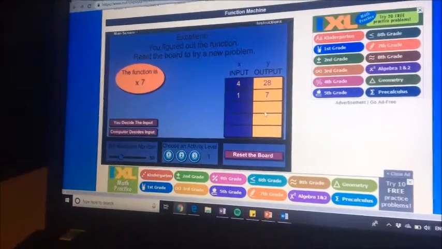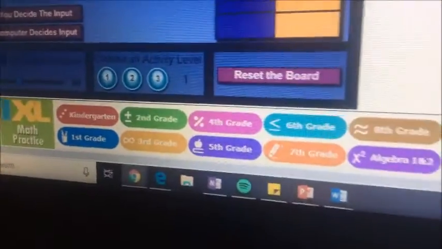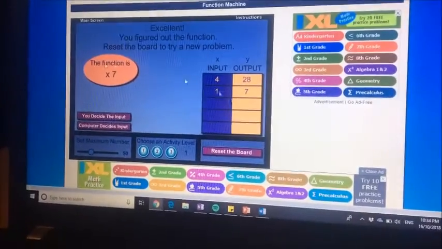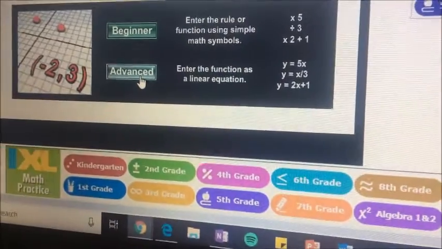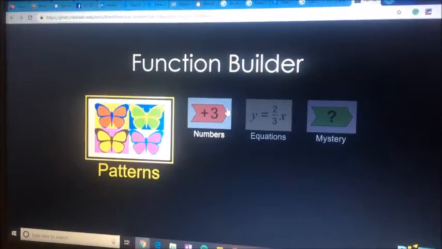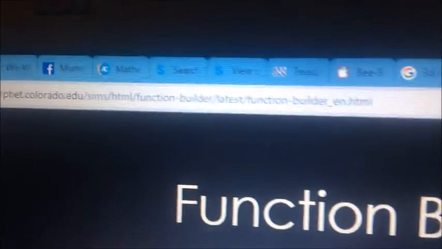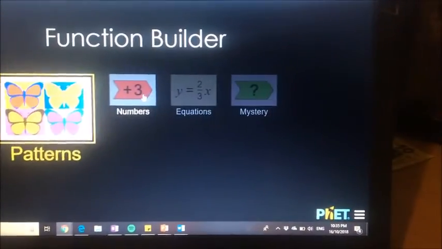For extending prompts, you can extend the students by going higher in the activity levels, by maximizing the numbers, or actually choosing an advanced setting in the main screen here. So advanced, which does more of a linear equation. You can even go onto this website, which gets students to actually build onto their numbers.